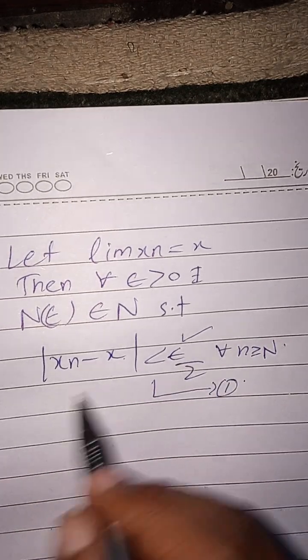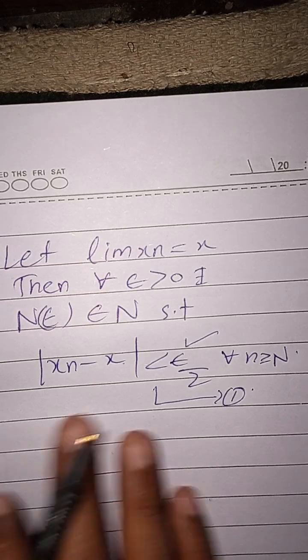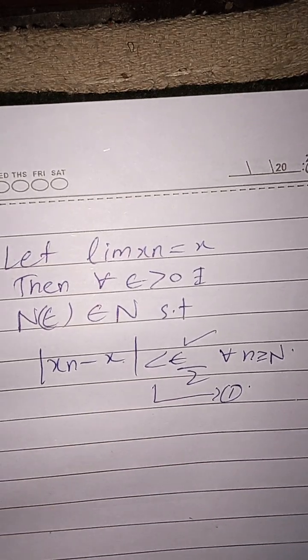Because epsilon is any arbitrary number, we can write epsilon by 2, or any epsilon.